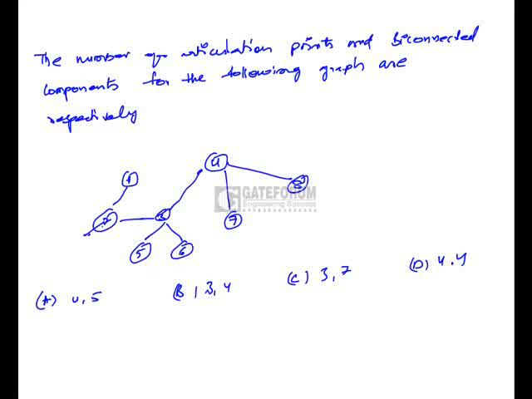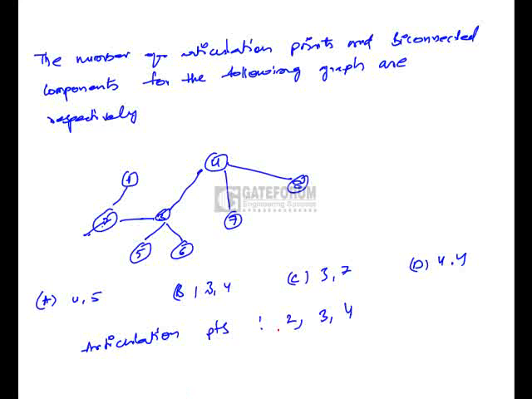Here 1, 5, 6, 7 and 8 cannot be articulation points. Why? Because if we delete 5, the graph is not going to be disconnected into two or more parts. So there are only 3 articulation points in the given graph: 2, 3 and 4.